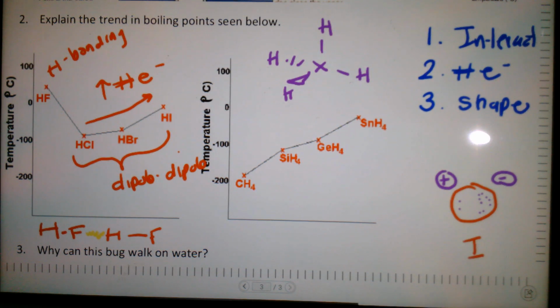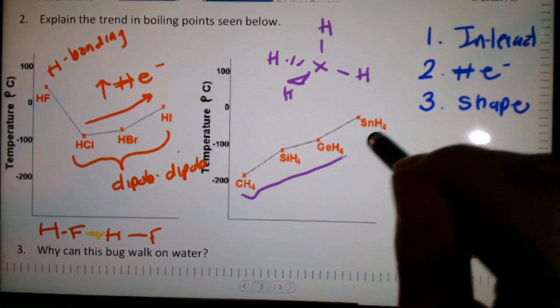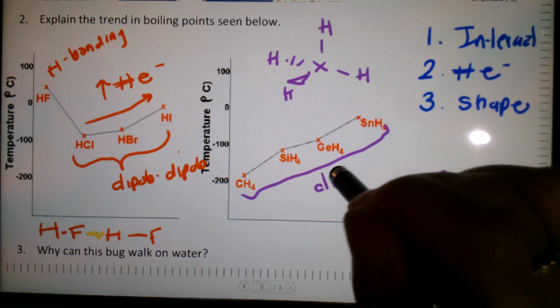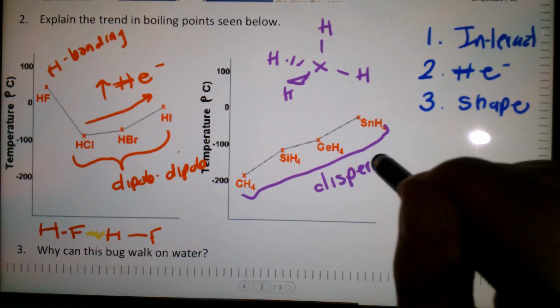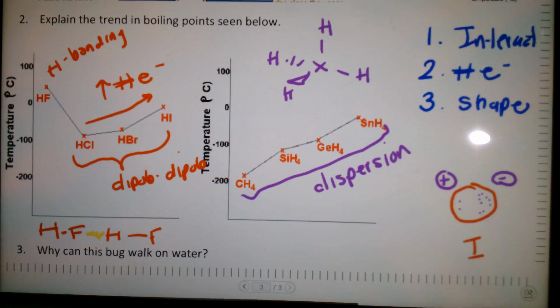They all have tetrahedral geometry, so they're all nonpolar. So they're all only going to experience, at best, dispersion forces. No dipole-dipole, no hydrogen bonding, none of that.